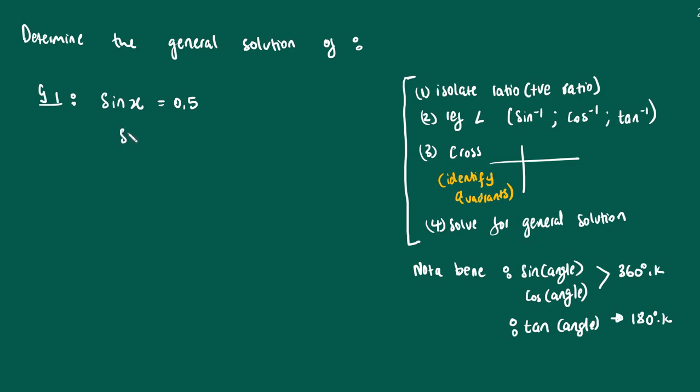So you simply say reference angle is equal to arc sin 0,5. Then what would be your reference angle? I need someone to assist me with the calculations so that we can move faster. If there's someone who has this, can you give me the answer, please?